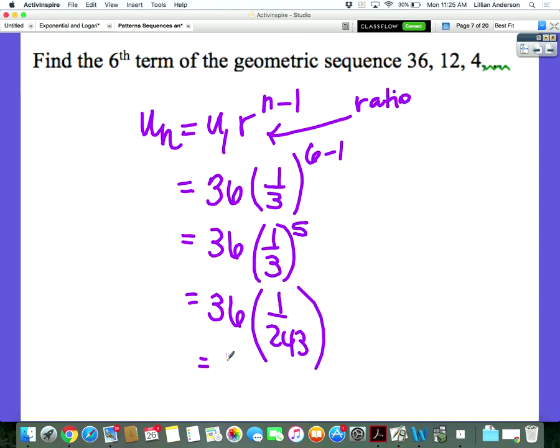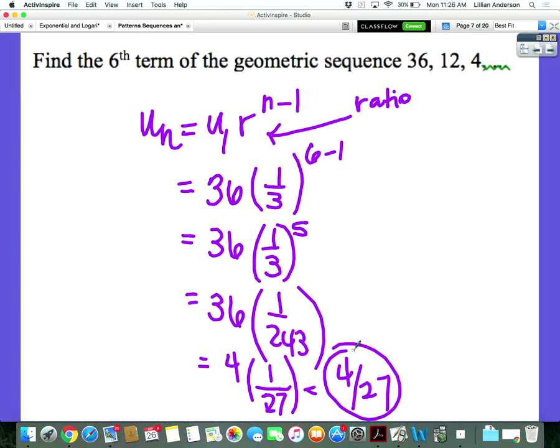Okay? So this would have been 4. Or you could divide by 3, like 3 times.